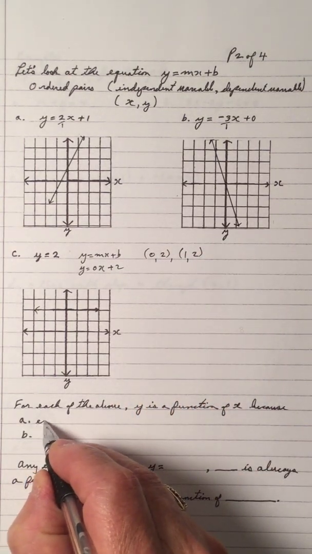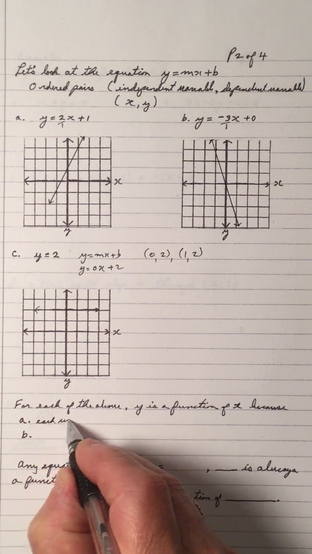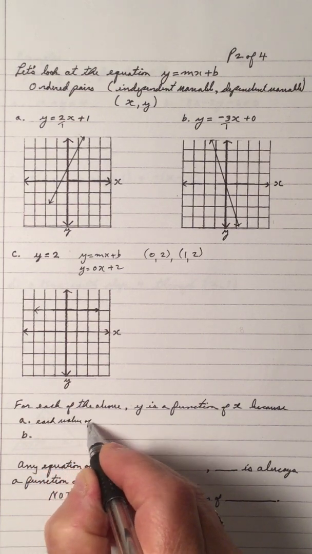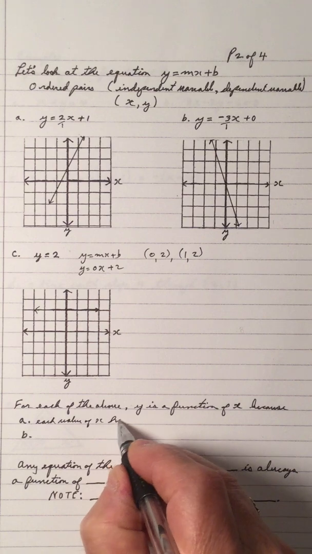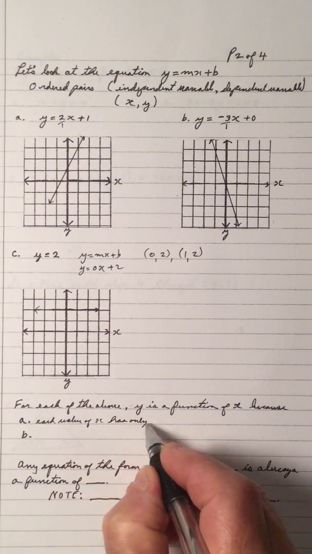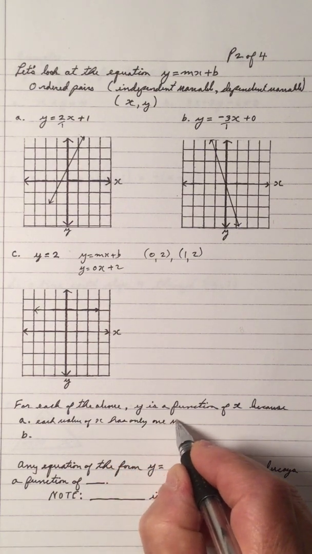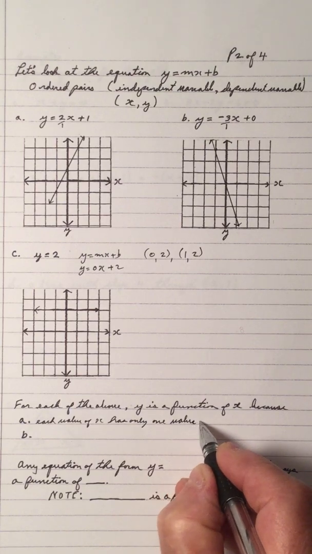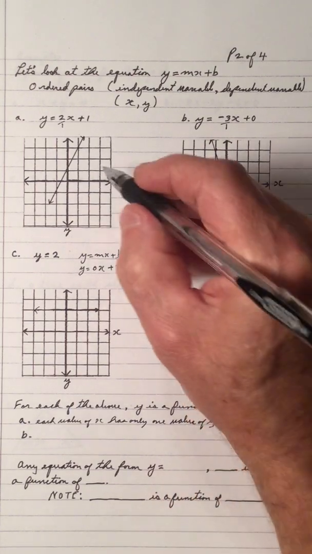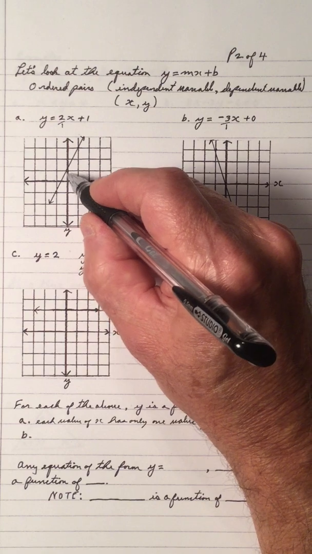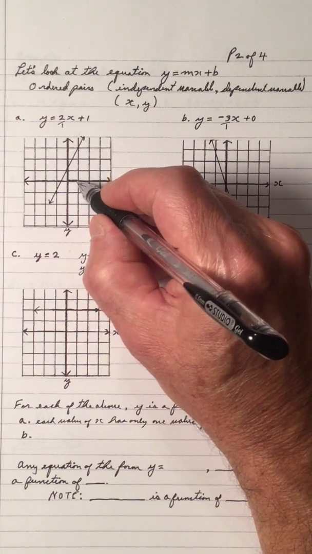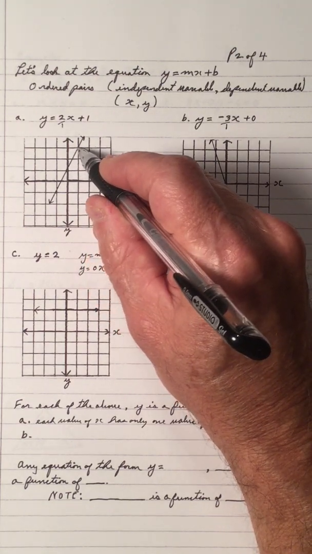Y is a function of x because each value of x has only one value of y. If x is 0, y is 1. If x is 1, then y is 3.